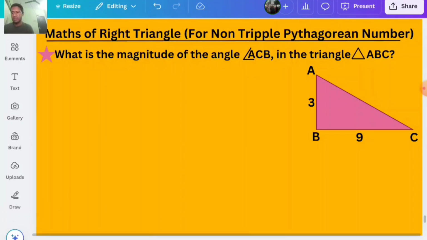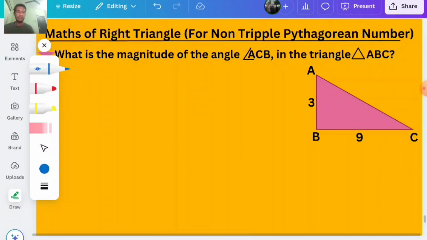Here you can see the height or perpendicular is 3 and the base is 9, and what will be the magnitude of the angle ACB?